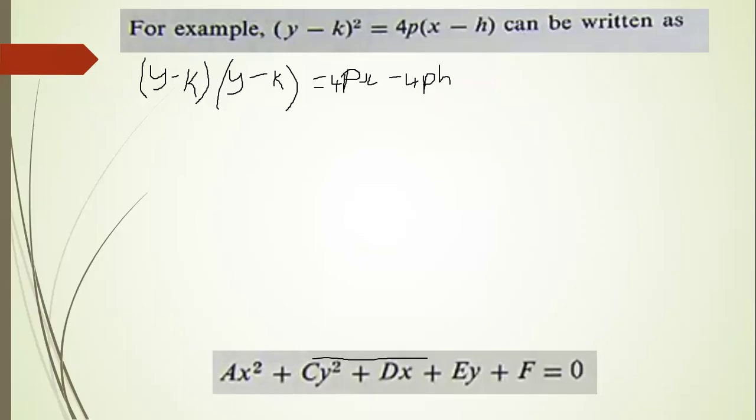Over here now, simplifying this bracket, y times y is y squared, y times minus k will give us minus ky, minus k times y is minus ky as well.